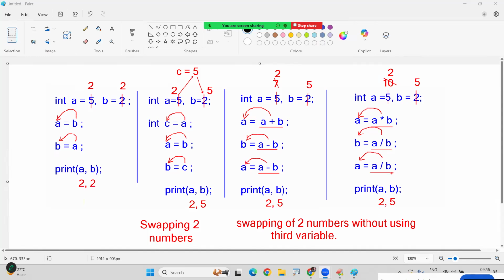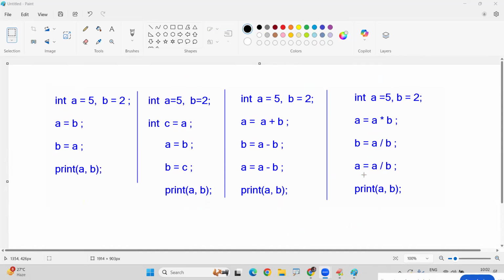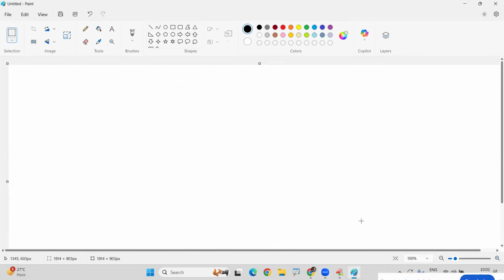Okay. Now, explaining the concepts of arithmetic operators, few more. Here it is. There are 5 arithmetic operators. You know the basic arithmetic operators: addition, subtraction, multiplication.